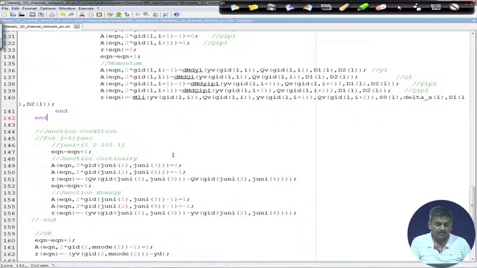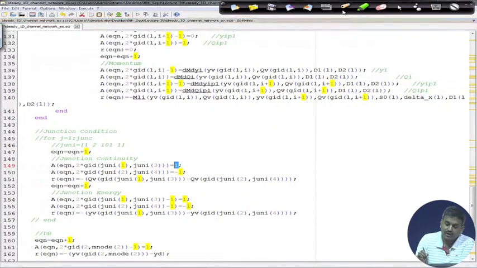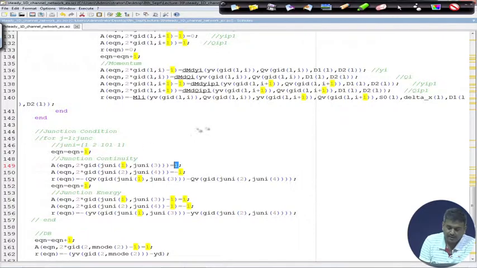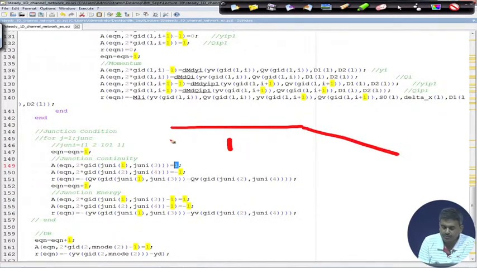Why are these junction conditions required? Because in this case we have only one condition: I have 1 and 2, this is my channel 1 and 2, these are connected from node 101 to node 1 in the second channel.